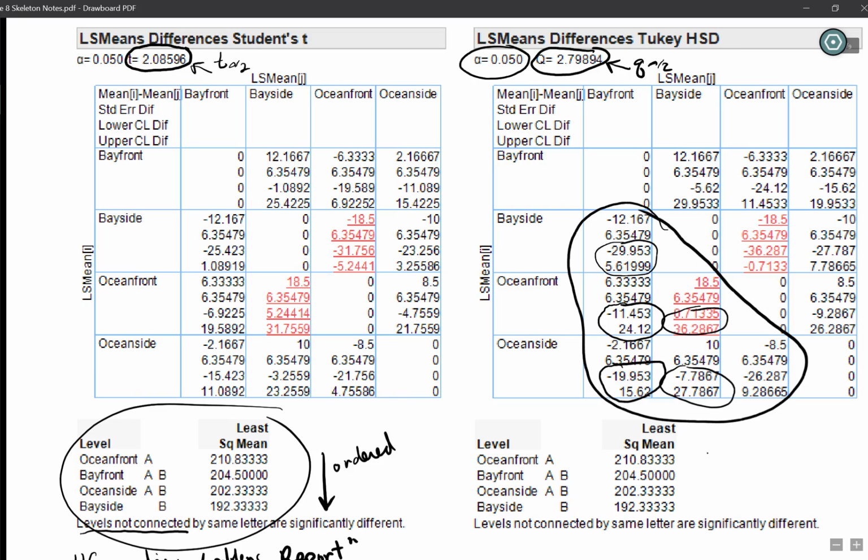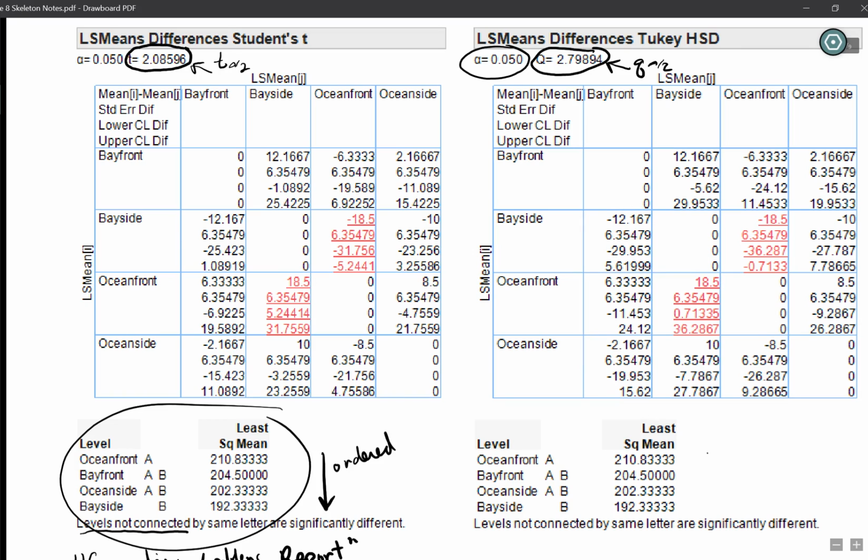So that's an overall confidence statement in regards to these 6 different confidence intervals. Whereas with Fisher's approach, the 95% was a per interval statement.